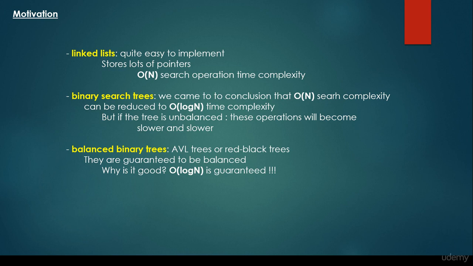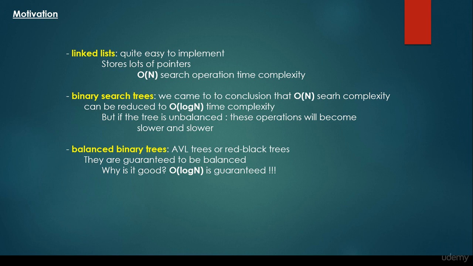And why is it good? Because O(log n) time complexity is going to be guaranteed. You may pose the question: okay, why is it good? It's very good because it is predictable. For example, you have software and you don't know in advance how many users this software is going to have. For example, Facebook.